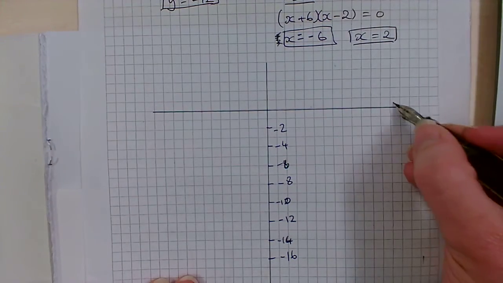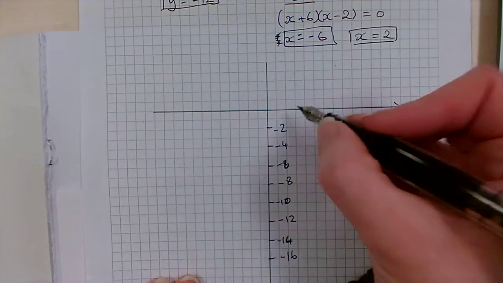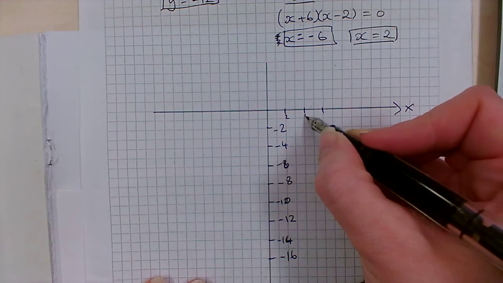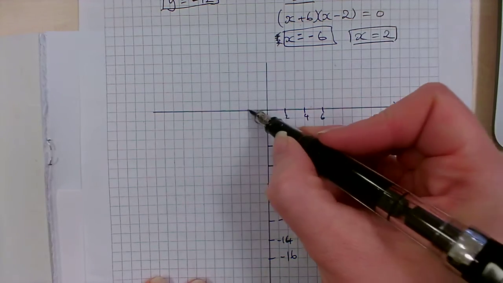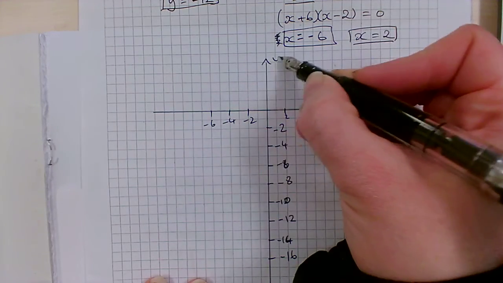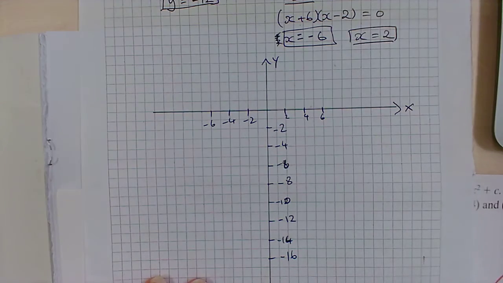Let me get that on the screen. I'm going in twos just because it was convenient for me. 2, 4, 6, 2, 4, 6, and minus 2, minus 4, minus 6, y-axis, x-axis.